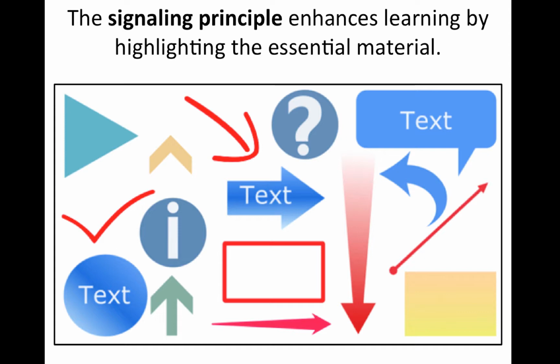As an instructional designer, operating under this principle, you are not adding or removing any information, rather just calling out the essential and most important aspects utilizing techniques such as bold text, underlines, spoken emphasis, outlines, shapes, arrows, headings, etc.